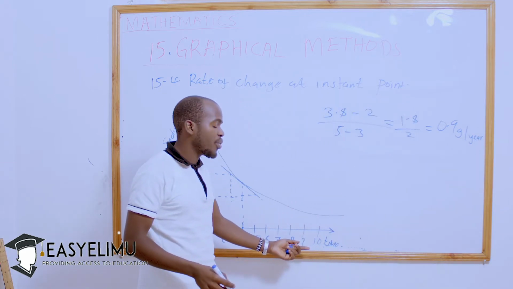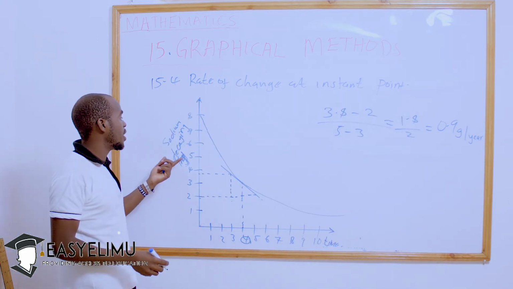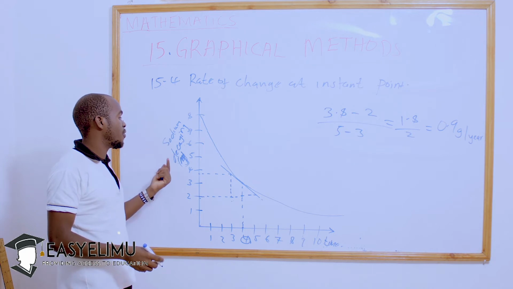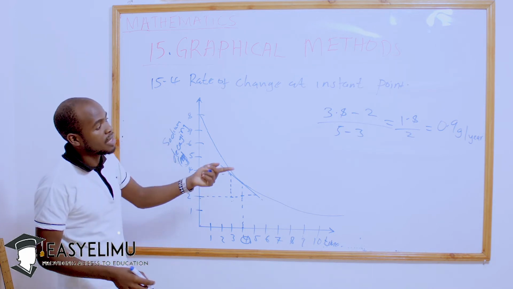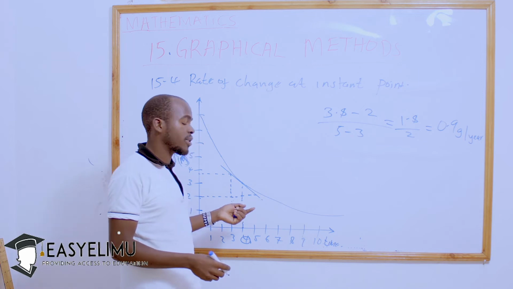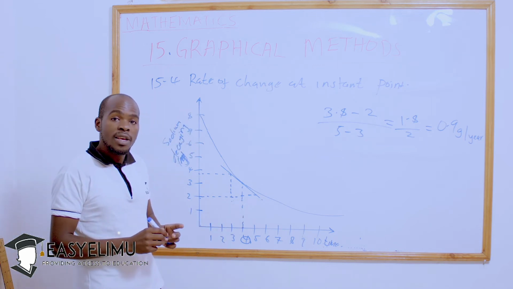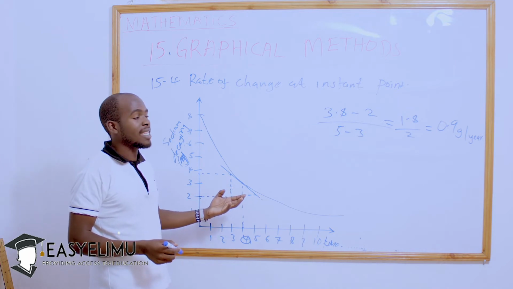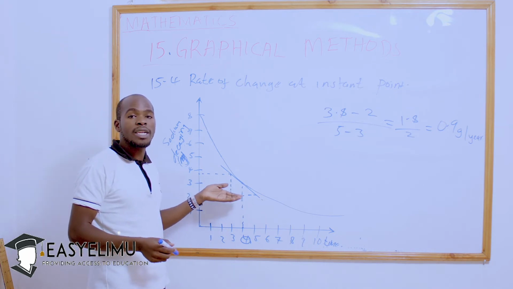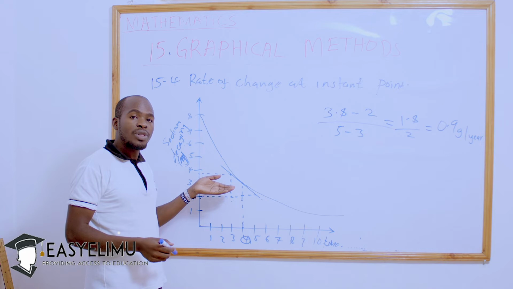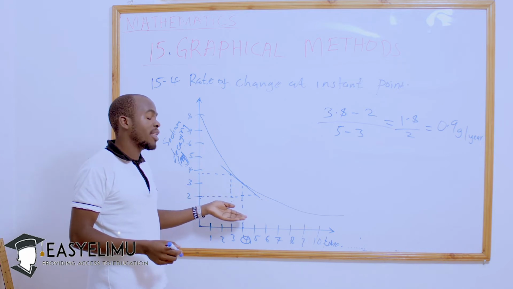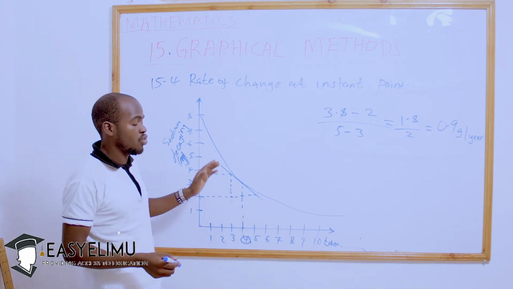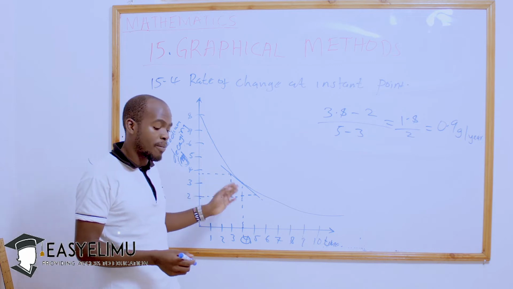Because the time here is in years, and this is the decaying mass of sodium in grams. So that is how you give it out. My point is, I wanted you to see how to calculate the rate of change at an instant point: you construct a tangent at the point where you have been asked, and then you find the gradient of that tangent. You will have found the rate of change at that point.